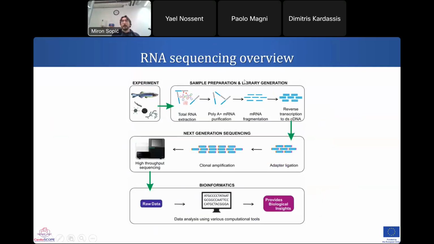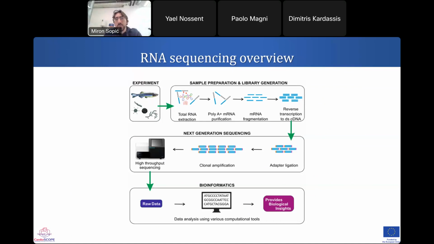So, of course, everything starts with the proper pipeline and proper workflow and the setup design. This is just an overview of all the things that are involved from the beginning to the end when we discuss RNA sequencing. In the beginning, we have the experiment or study, which of course designates which type of cells and which type of materials we have available.